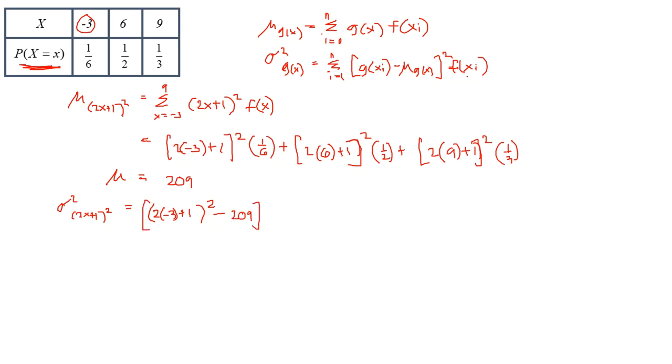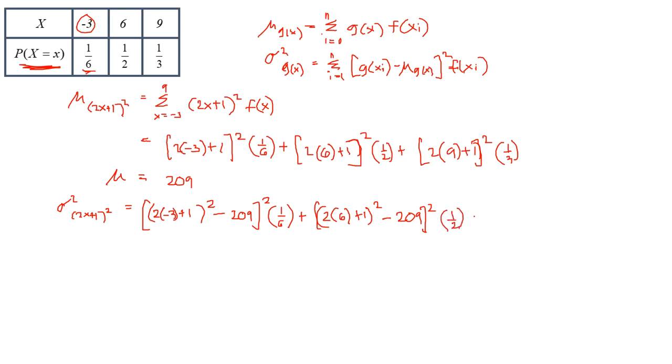times our probability, which is 1/6, plus another, 2 times 6 plus 1, squared, minus our mean, which is 209. This should be squared, and this one as well should be squared, times 1/2.